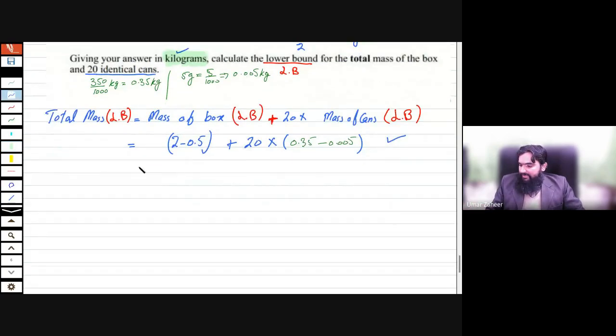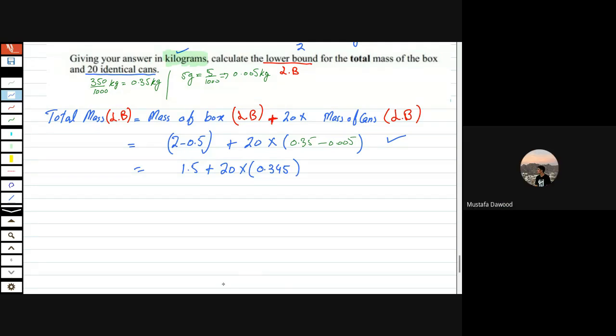All right, now let's see how to do the simplification. It is 1.5 plus 20 multiplied by 0.35 minus 0.005. Yes, that will be equal to 0.345. Please check this one. Yes, sir, 0.345.